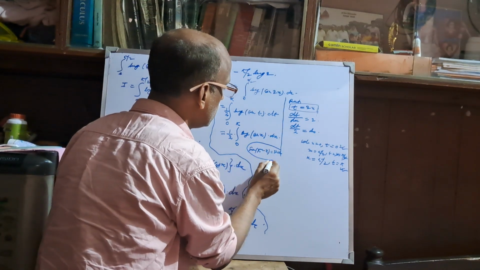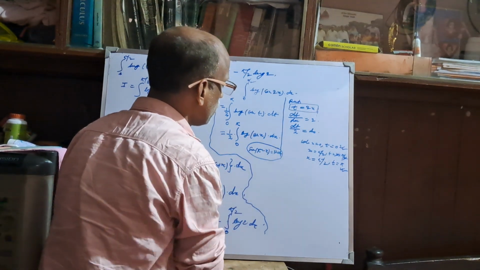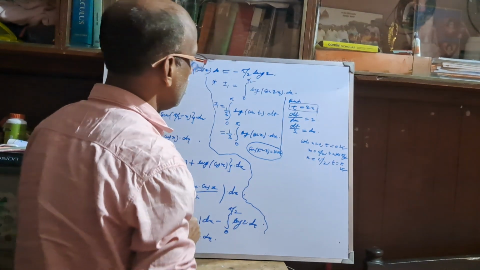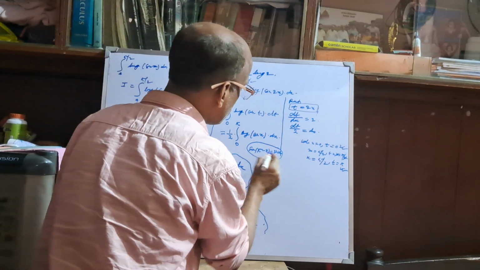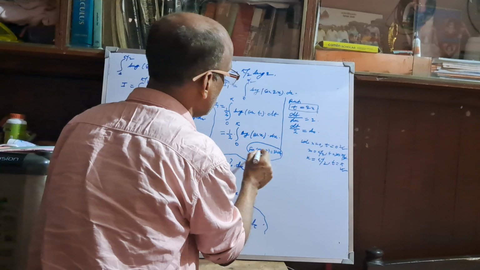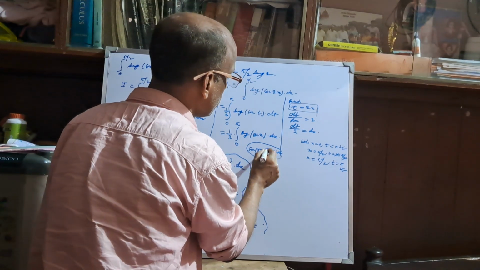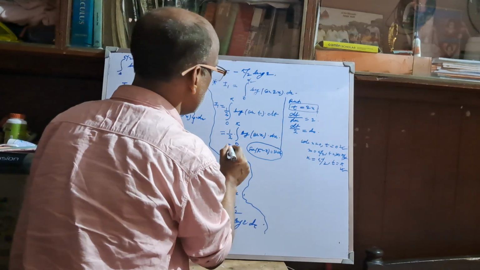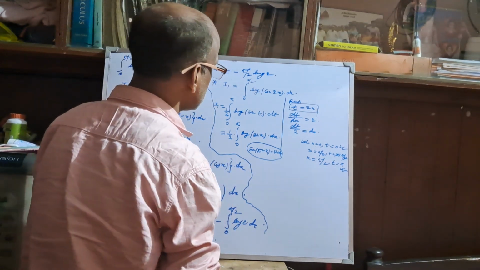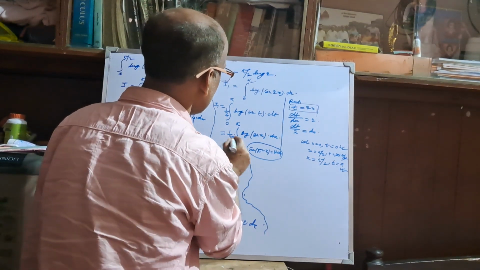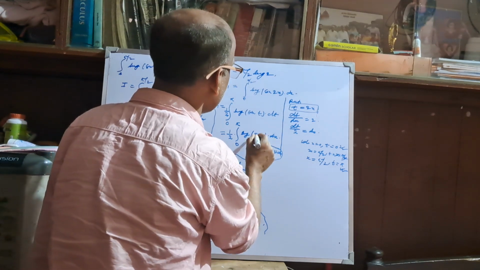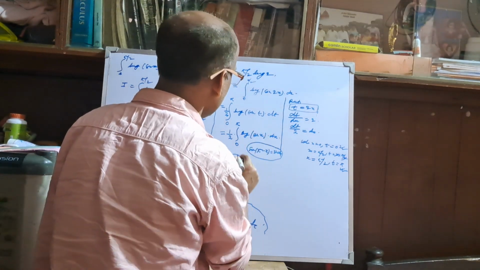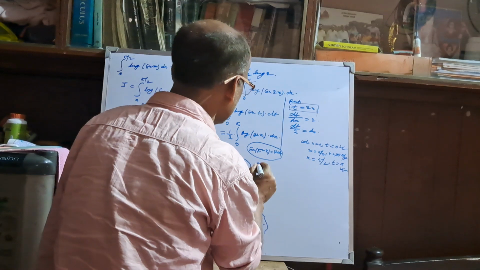I am just highlighting this part to take it very seriously. Otherwise, you will face a problem. So that is why I have written it directly here, and that part is equal to what?